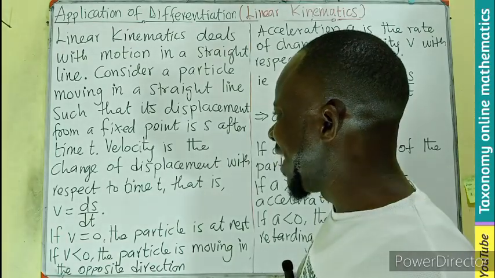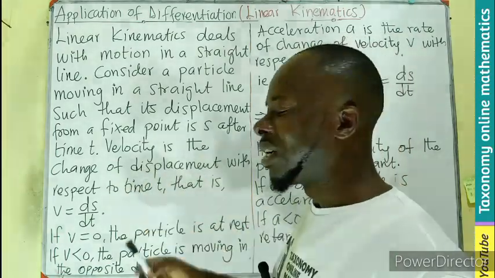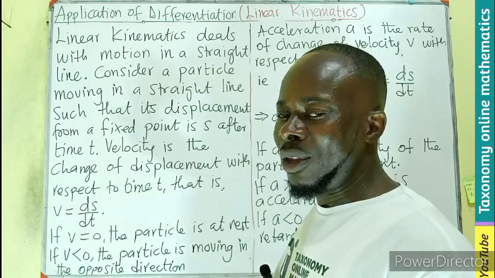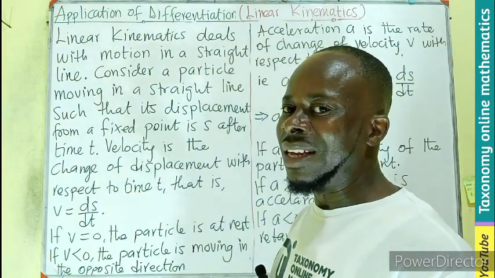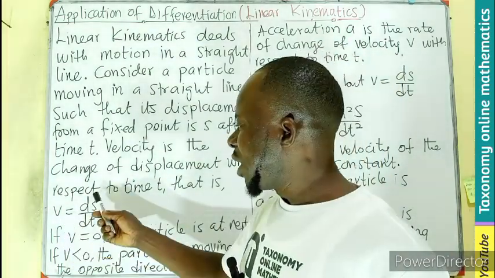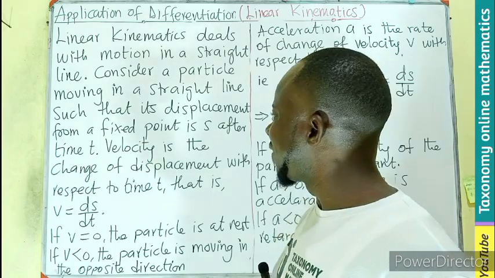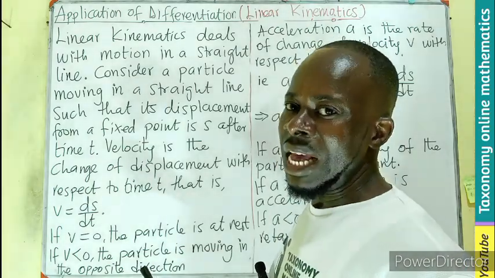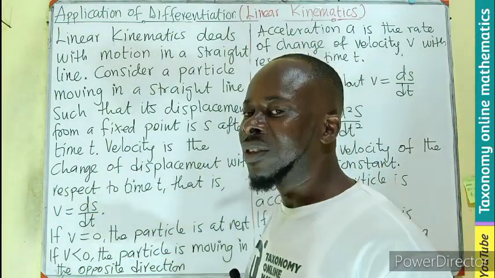So the velocity is the change of displacement with respect to t. Remember, the rate of change of one quantity compared to another is the differentiation. So that is going to be v equals ds/dt. Meaning if you differentiate a displacement with respect to time, you'll have velocity.